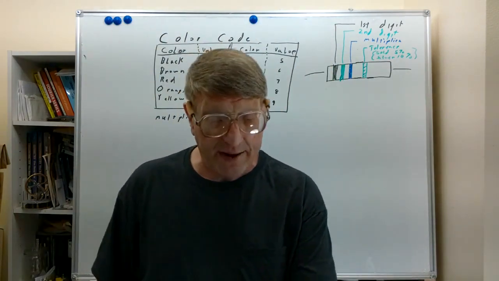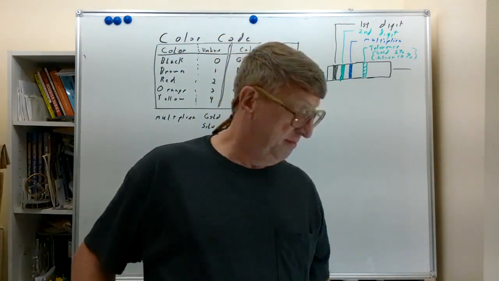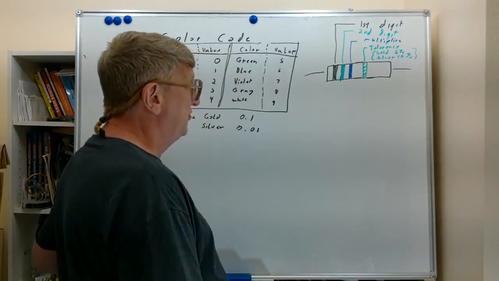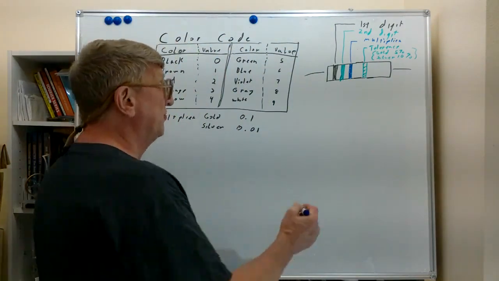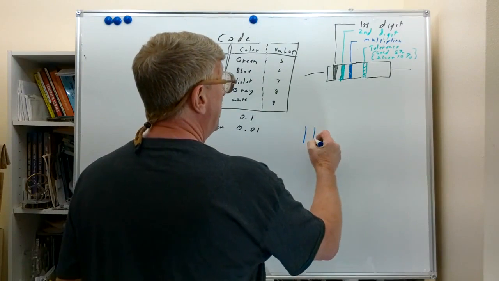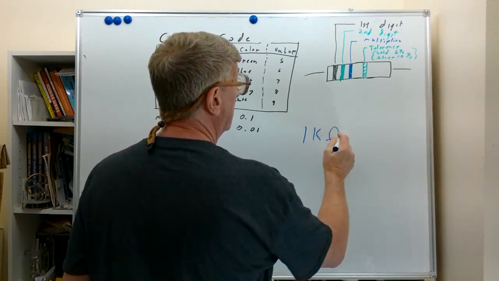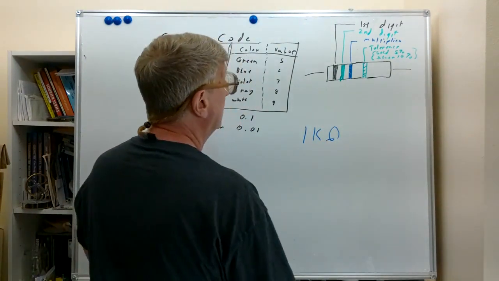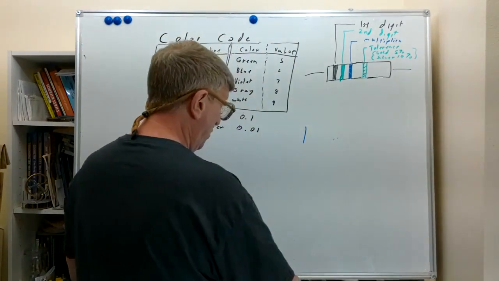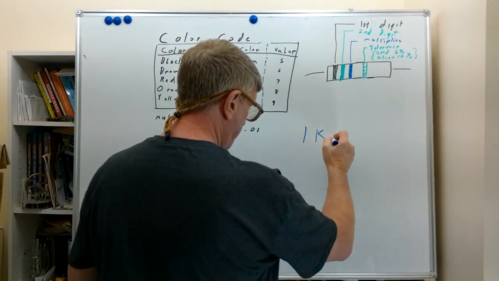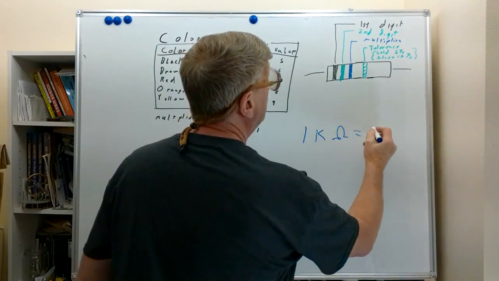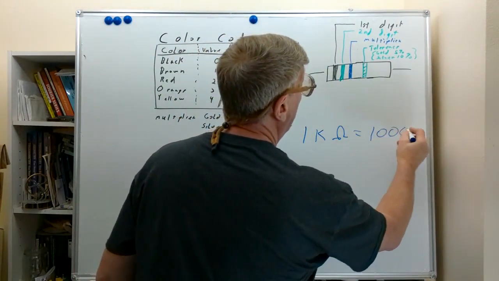Resistors come in a wide range of values, from low values up to what they call K ohms. If we had 1 K ohm, that is equal to 1,000 ohms.